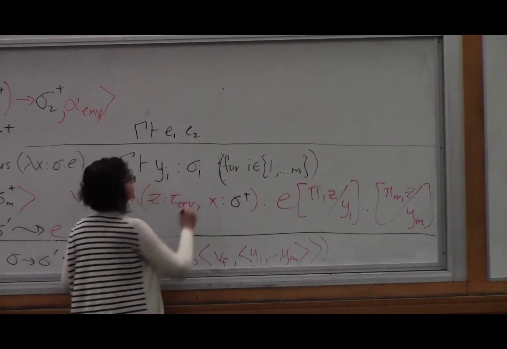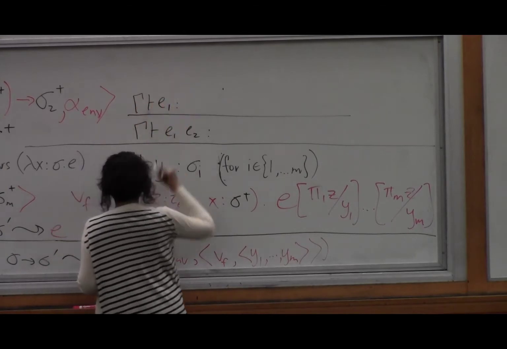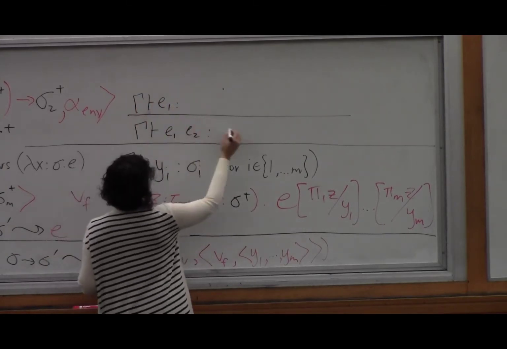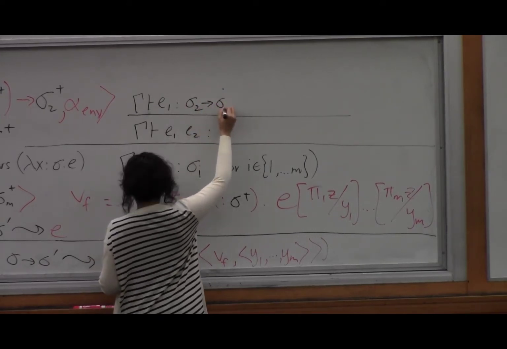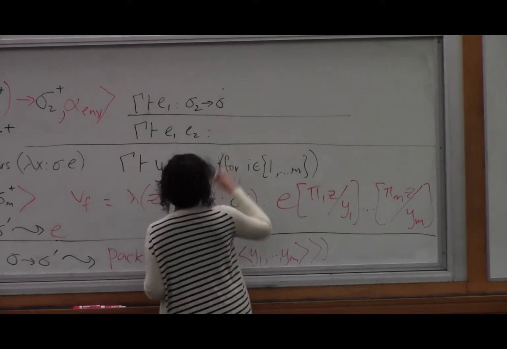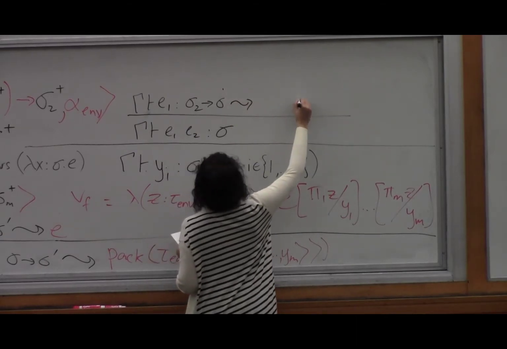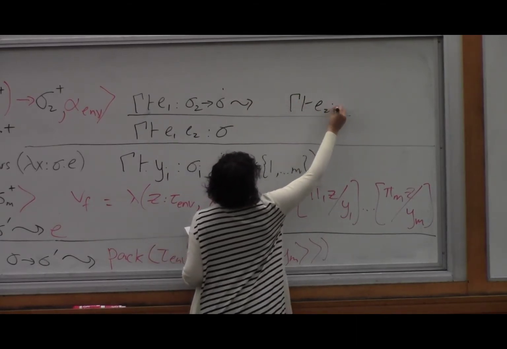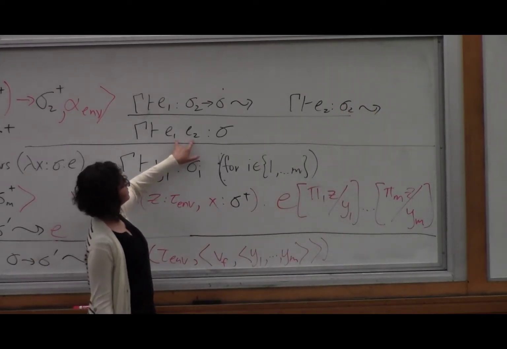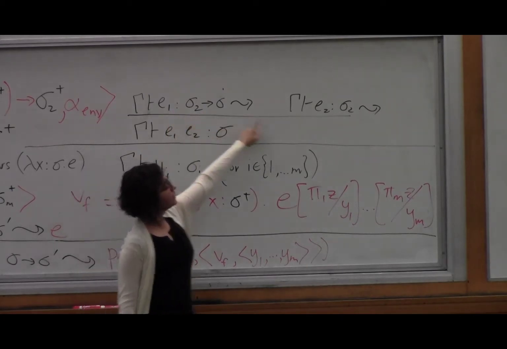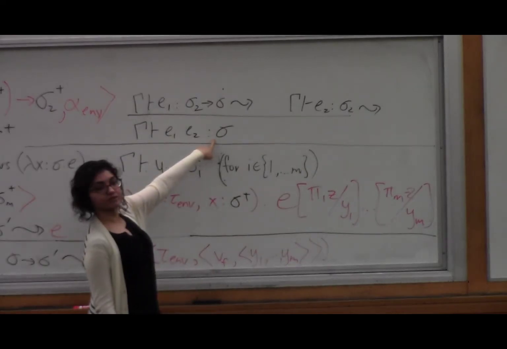I have E1 applied to E2, where my E1 has type sigma 2 to sigma, where this E2 has the appropriate argument type sigma 2, and we get back a result of type sigma.